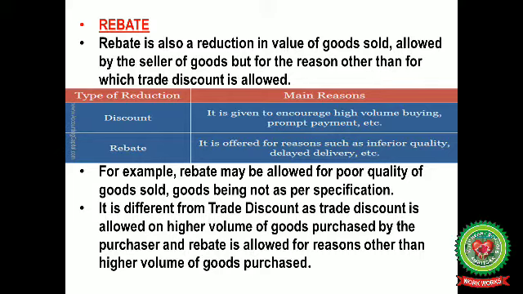But a rebate is given for reasons such as inferior quality, delayed delivery, etc. For example, rebate may be allowed for poor quality of goods sold, or goods not being as per specification. It is different from trade discount, as trade discount is allowed on higher volume of goods purchased by the purchaser, and rebate is allowed for reasons other than higher volume of goods purchased.